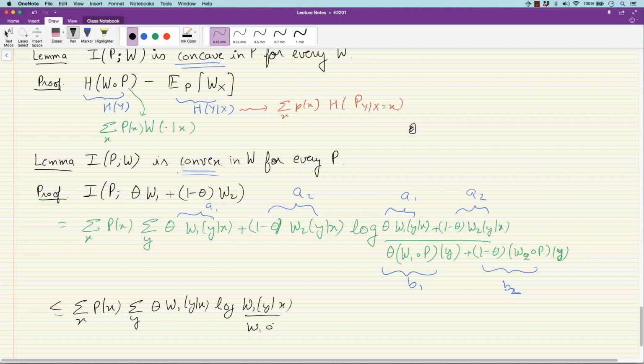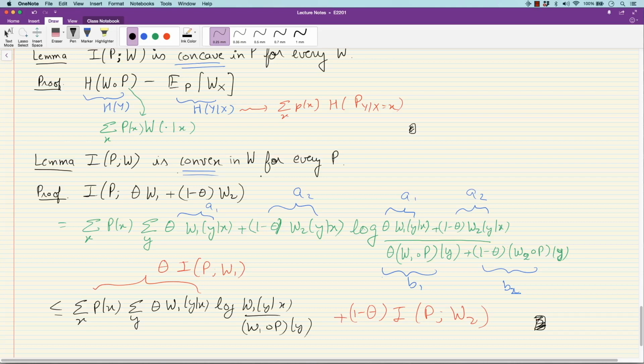We can recognize this as theta times the mutual information between P and W1, and similarly (1 minus theta) times the mutual information between P and W2. So this is less than or equal to this, and that's just the convexity in W.